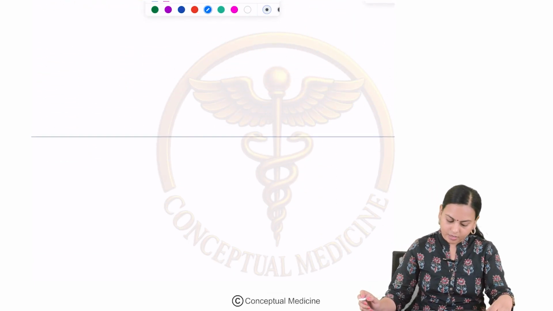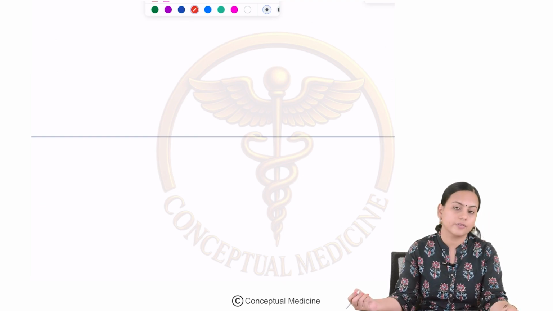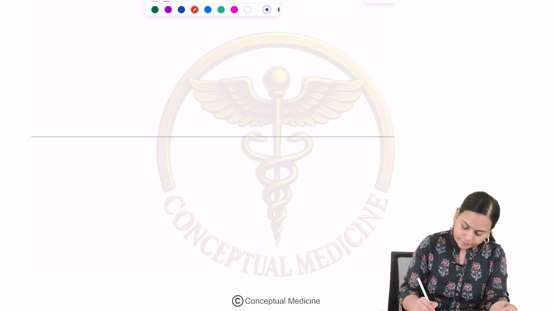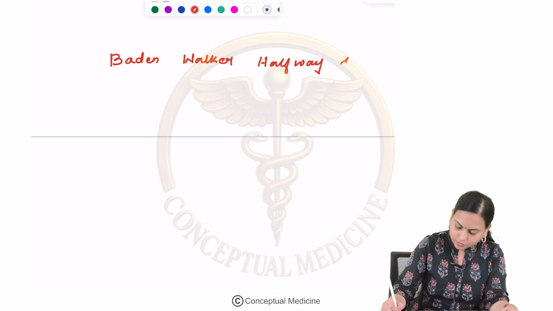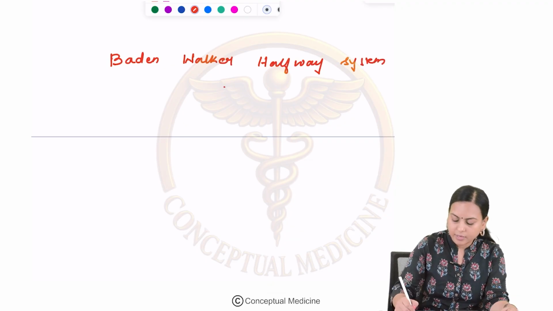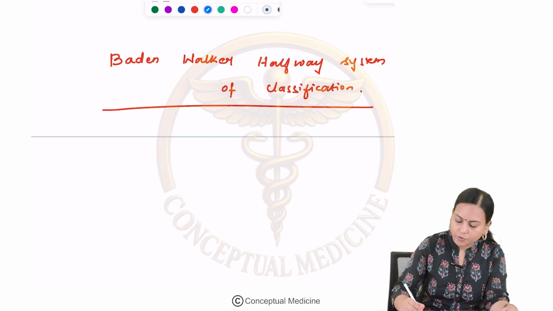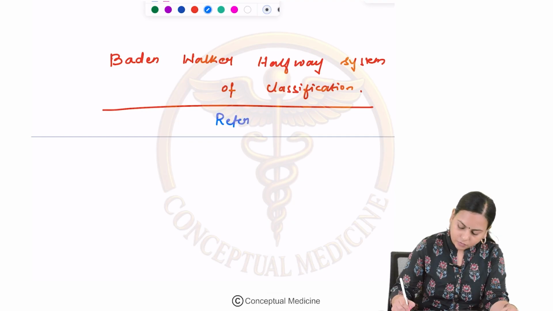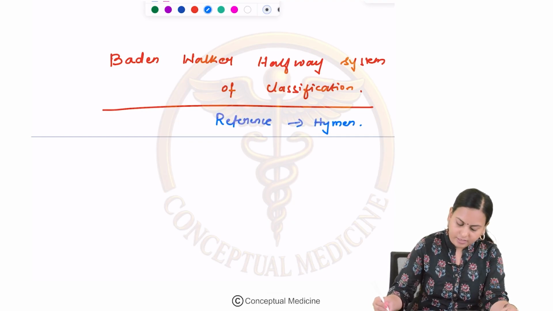Now, let us see another classification that is given for pelvic organ prolapse, which is known as the Baden-Walker halfway system of classification of pelvic organ prolapse. And here the reference point we are going to take is the hymen. Clear?